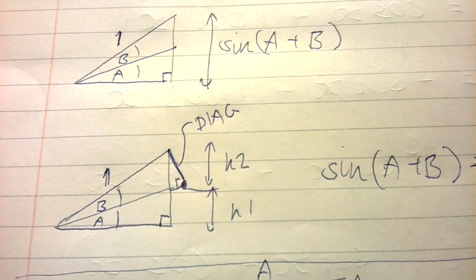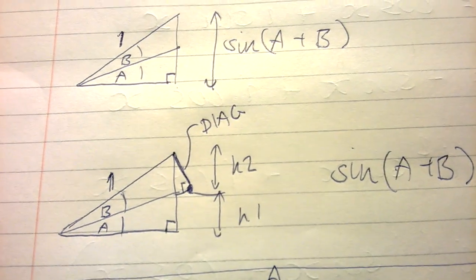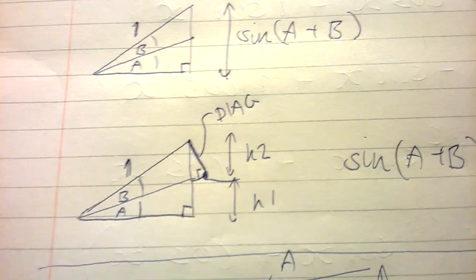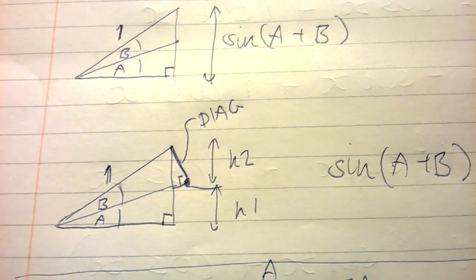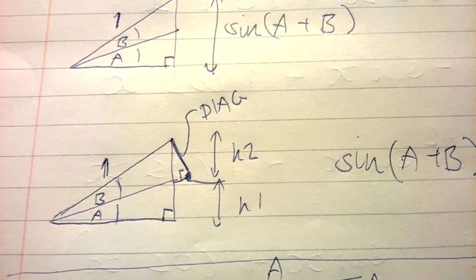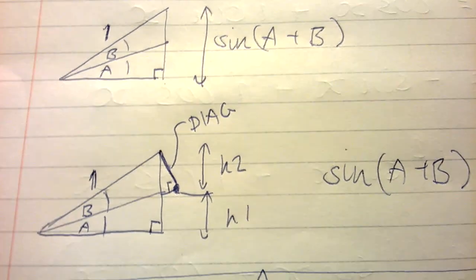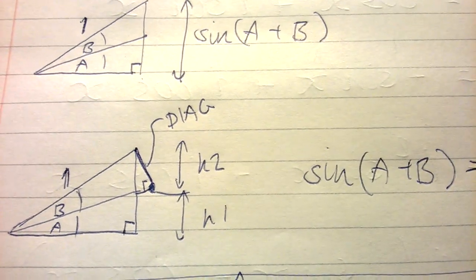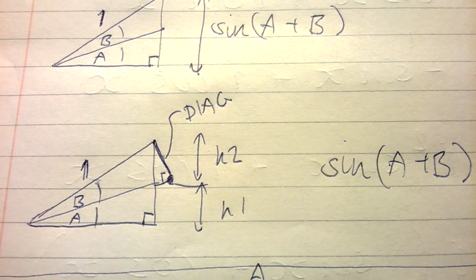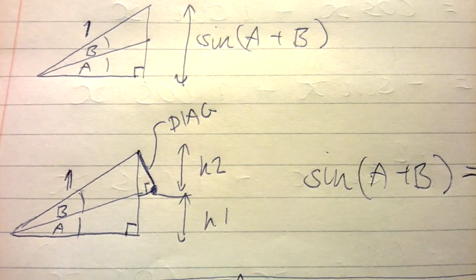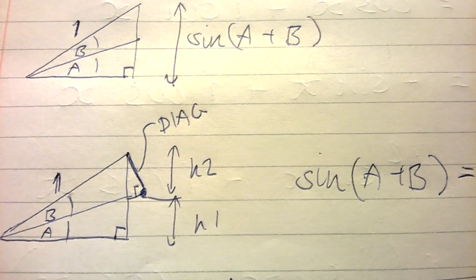We've got a new extended corner that we've pulled out. So we define h1 as the height from the bottom to this new extended corner, and h2 as the height from that extended corner to the original height of what was the overall triangle.